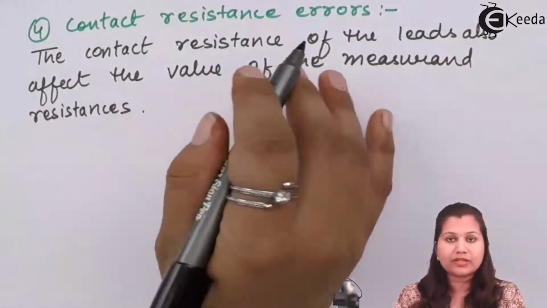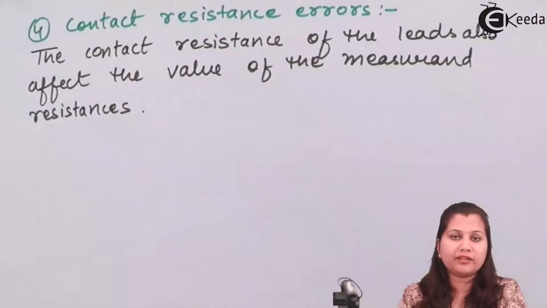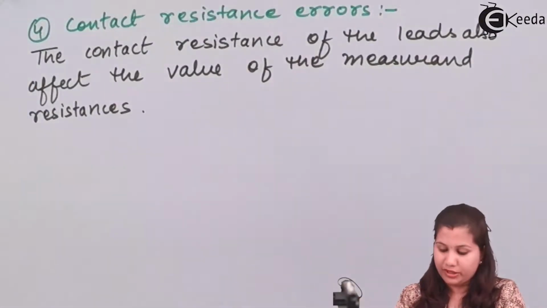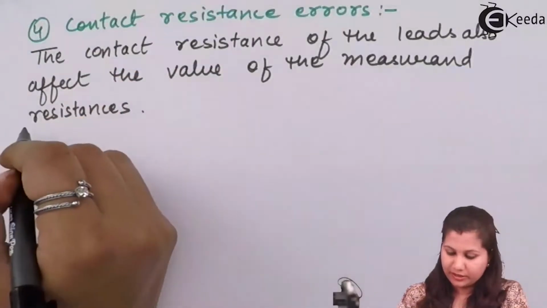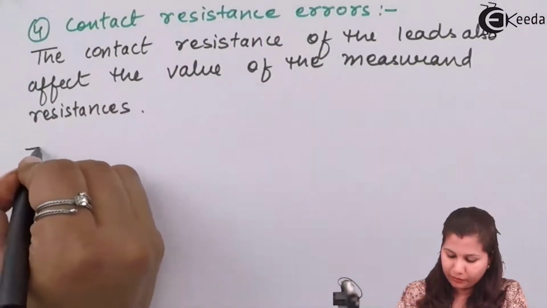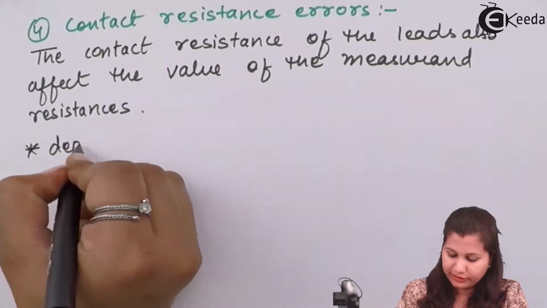The contact resistance of the lead also affects the value of the unknown resistance, and its value depends upon the cleanliness of the leads.